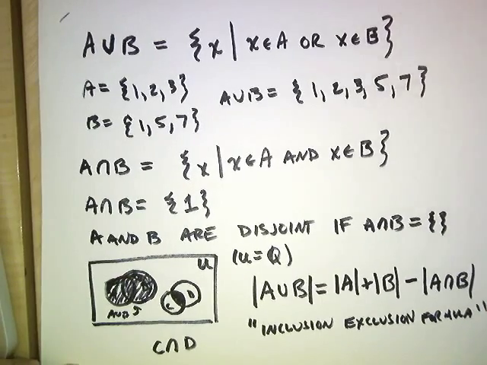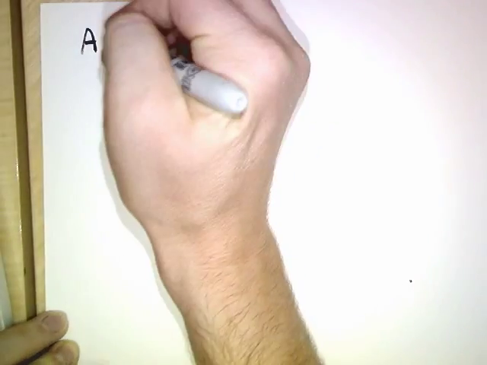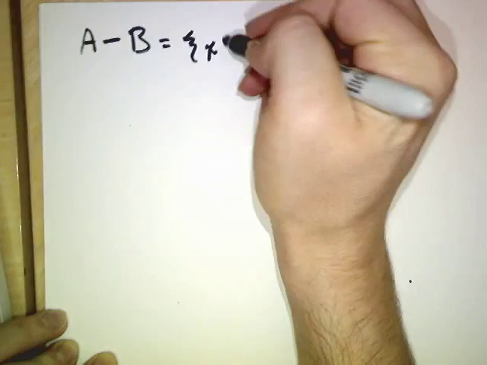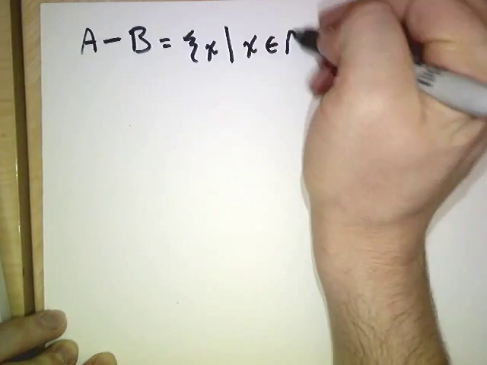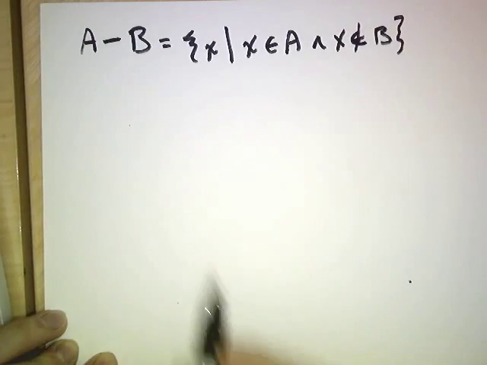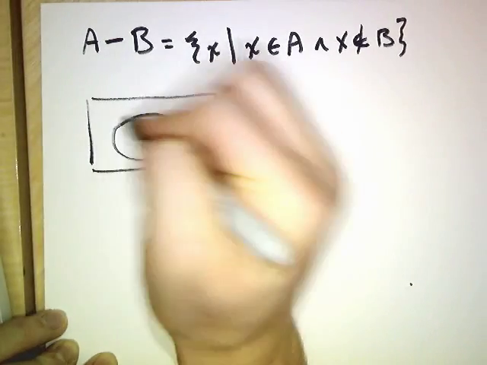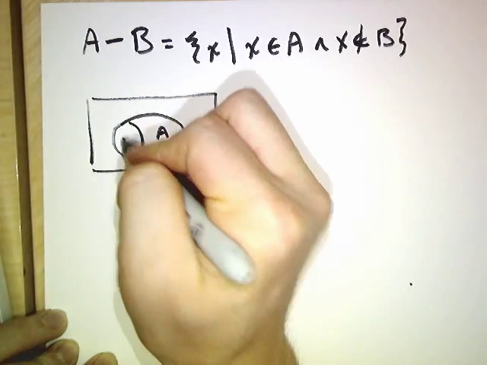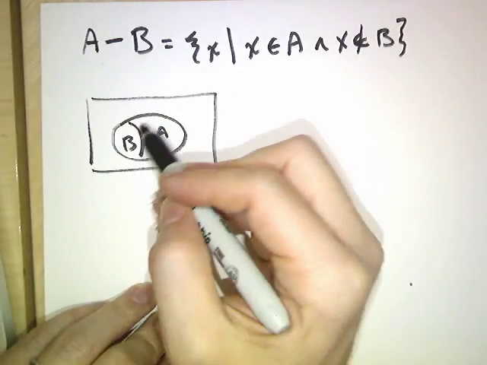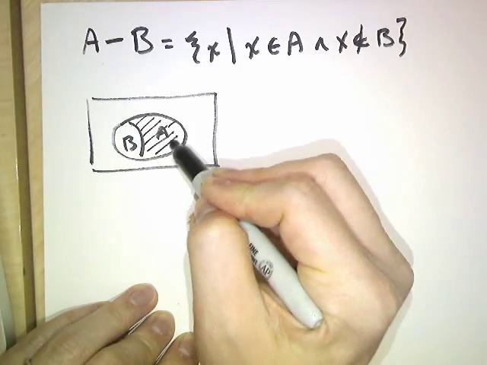I should also mention the subtraction set difference operator. So that's written A minus B. And this is equal to the set of all elements x such that x is in A and x is not in B. Okay, so if we drew a picture for this, and here was A and here was B, then A subtracted out B, or A minus B, is this shaded region right here.